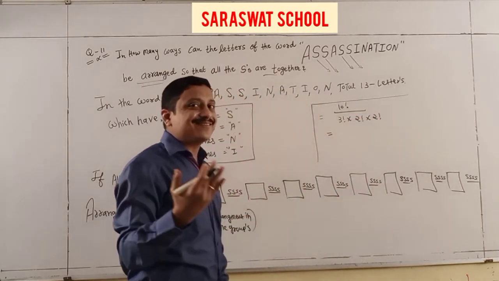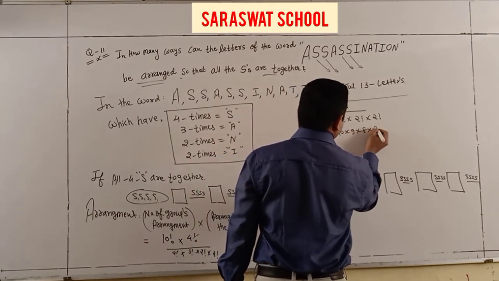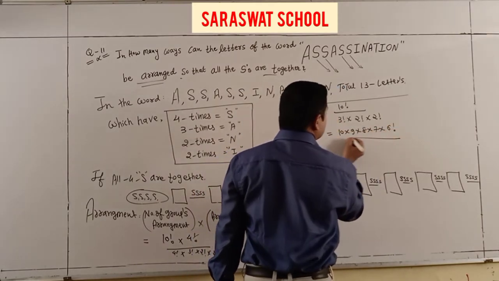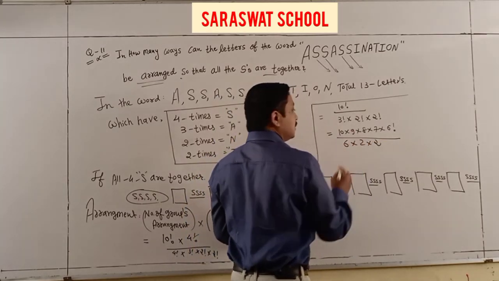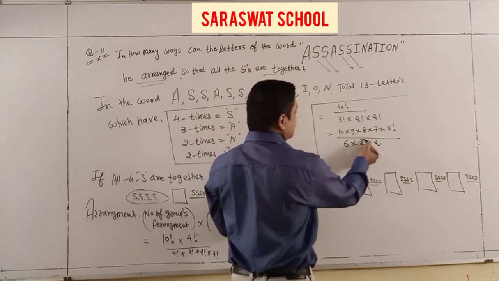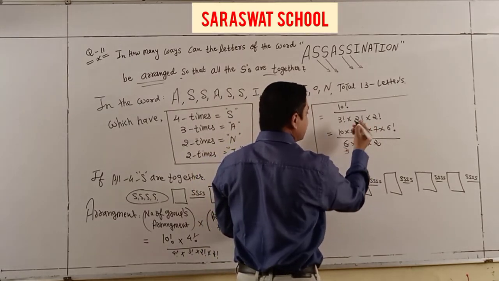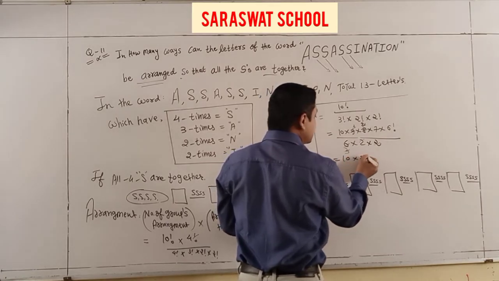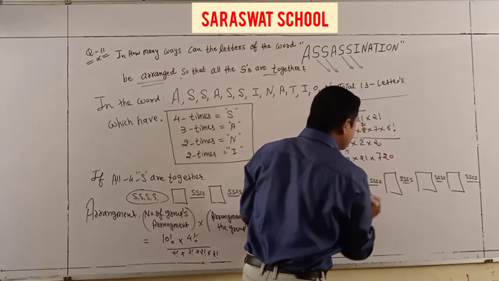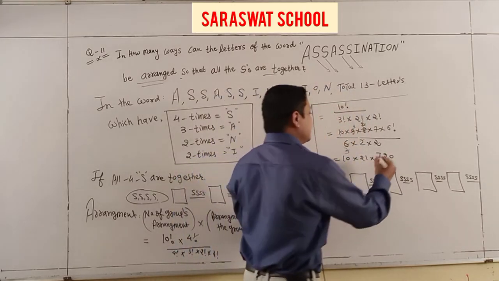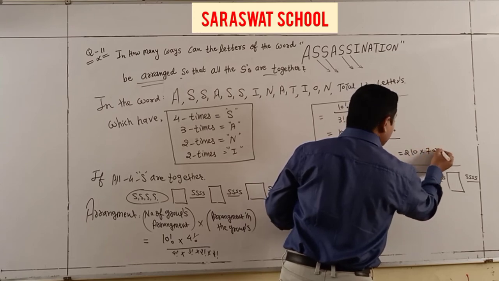Now just calculate. 10 factorial is 10, 9, 8, 7, 6 factorial, I stop there. And 3 factorial is 6, then 2, 2. Now simple calculation: 2 fours are 8, 2 threes are 6, and 3 threes are 9. So 10 into 7 threes are 21 and 6 factorial is 720. Here I multiply: 210 into 720.